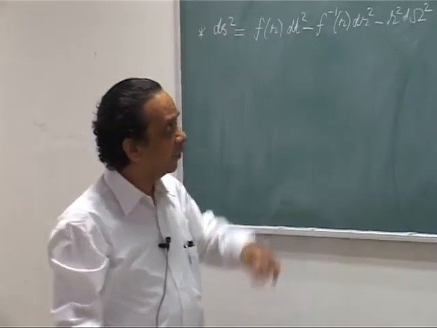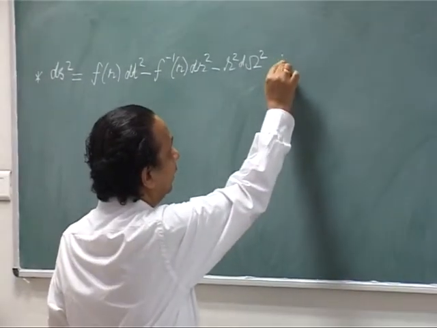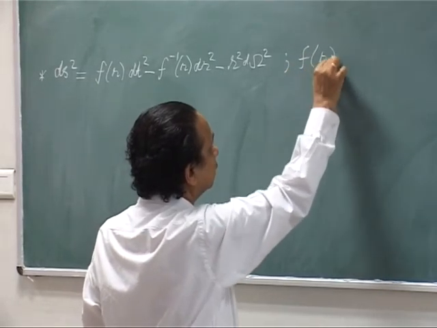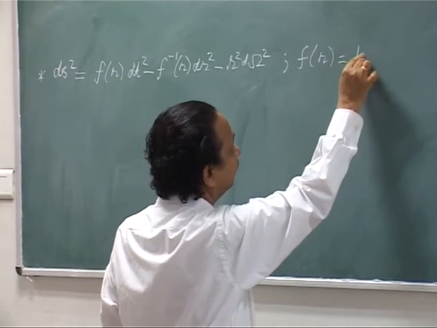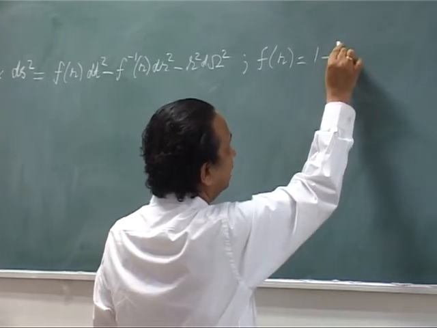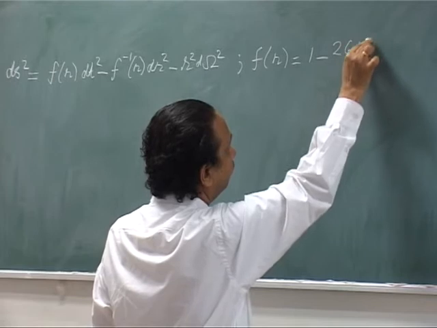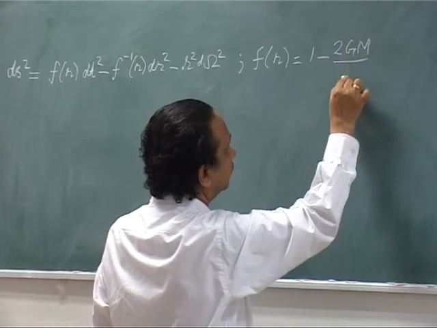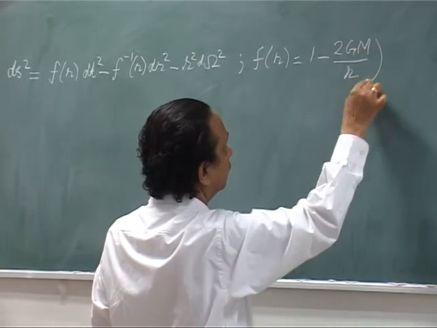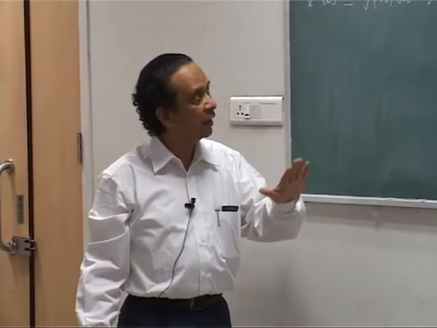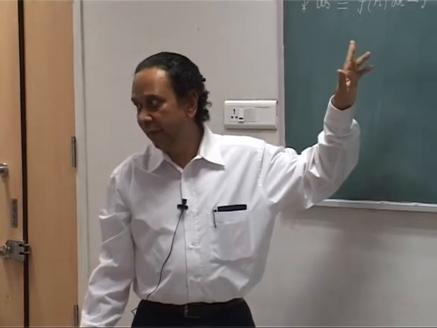Okay, where we found that f can be written as f of r, which is 1 minus 2 GM by r. This was the form. So, I want to spend a little bit more time reminding you of what we did.